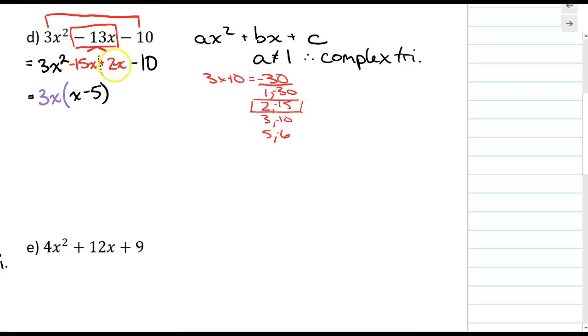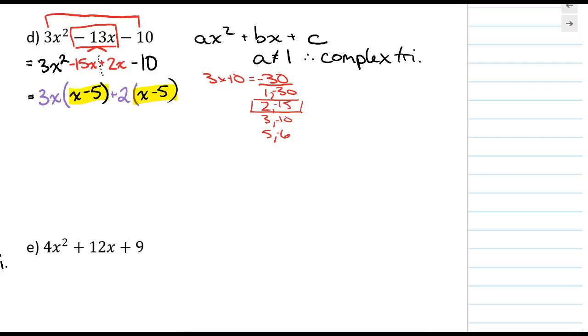Over here, 2x and negative 10, the only thing in common with them is positive 2. And what we're left with is x minus 5. Do you see anything? Absolutely. These two pieces that were left behind when we factored out the greatest common factor are the same.